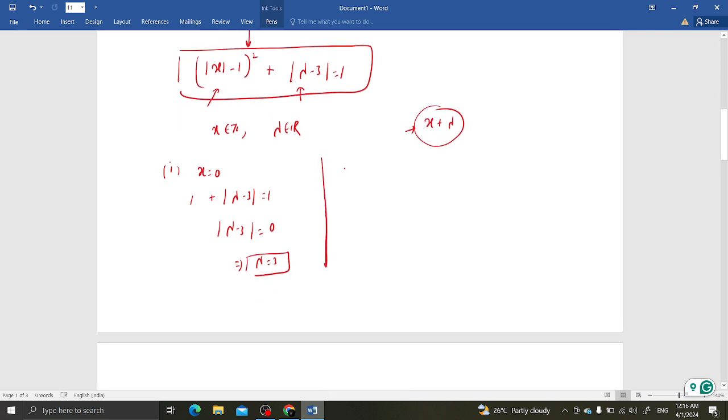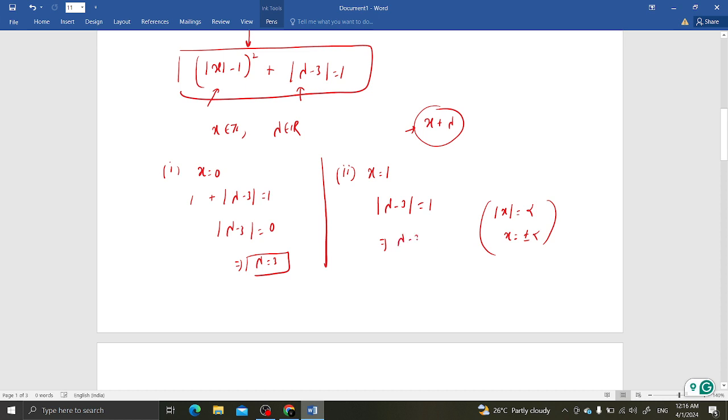Now if I choose x equals 1, then we get mod of lambda minus 3 equals 1, and we already know if mod of x equals alpha, then x equals plus minus alpha, because plus alpha satisfies this equation and minus alpha also satisfies this equation.